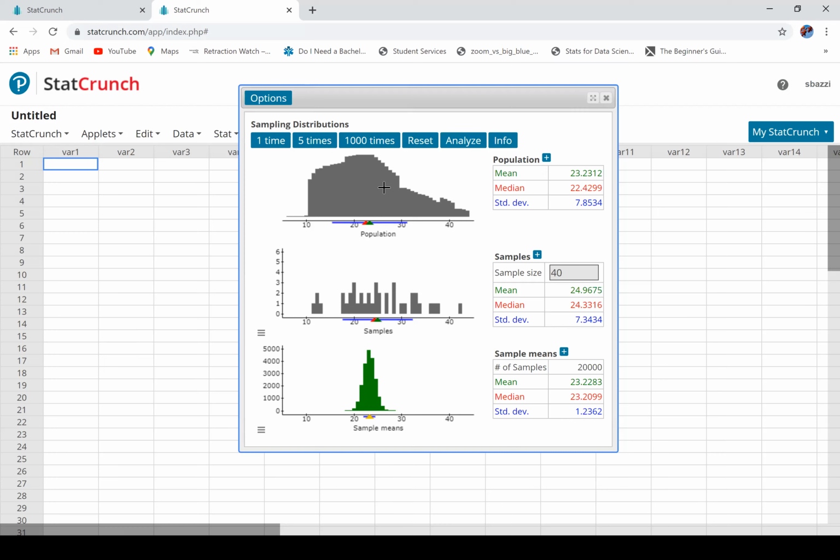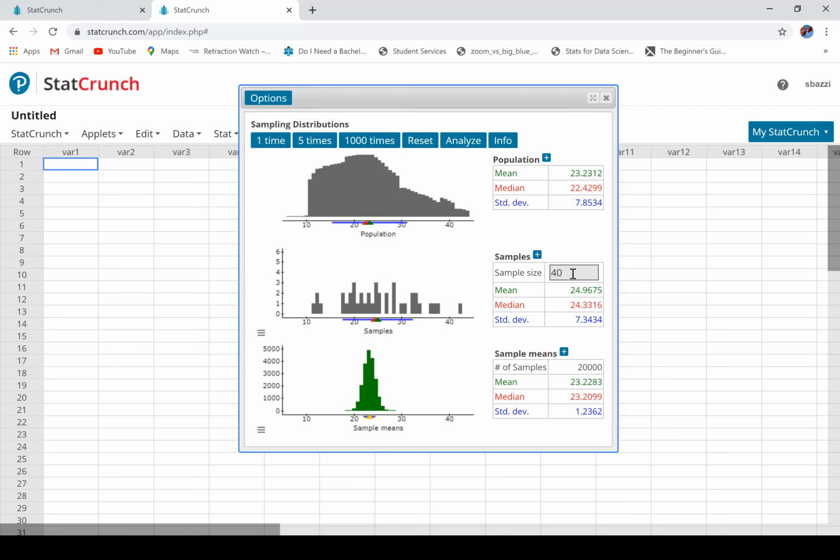Although the original population is not bell-shaped, the new population of sample means is bell-shaped, and that's what we want. Everything, guys, that you studied so far is based on having a population that is bell-shaped. Now take the 7.8534 and divide it, guys, by the square root of 40, and let's see what you get.